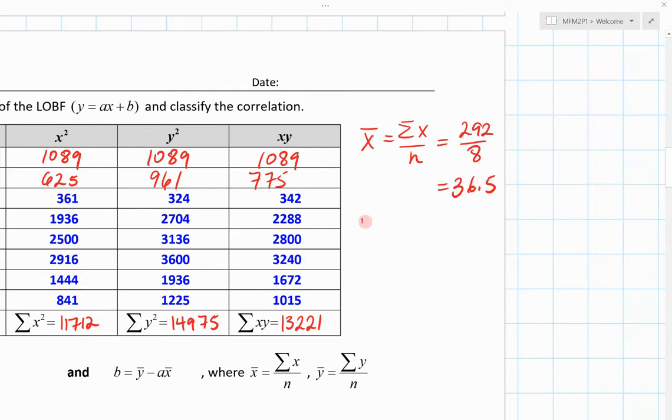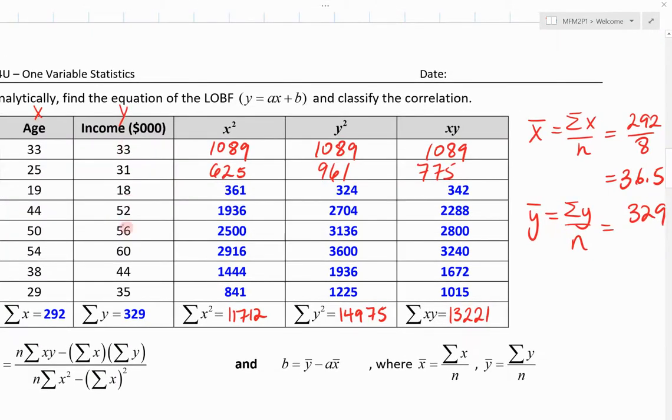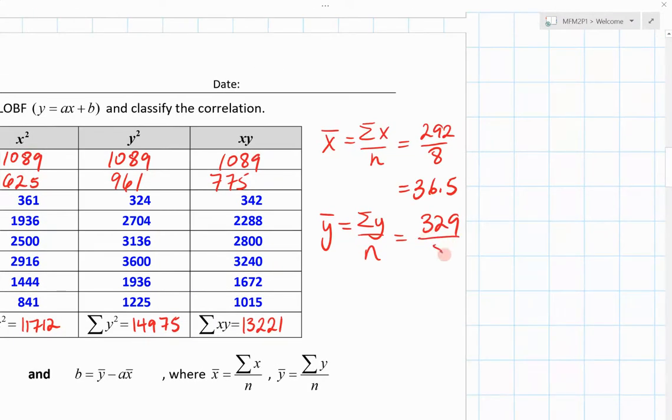Do the same thing for the y values: the sum of all the y values divided by n. The sum of all the y values is 329. Where did I get that from? This column right here. Add up all the y values for income, you get 329. Divide it by 8 because there are 8 y values. So the mean y value is 41.13.